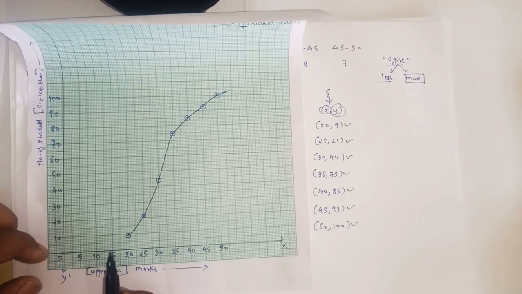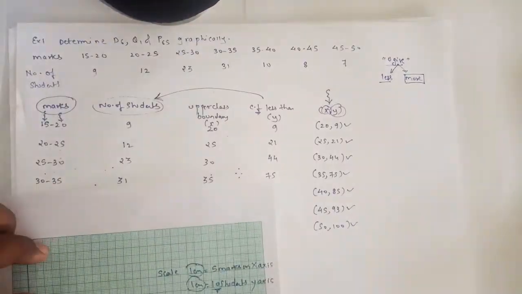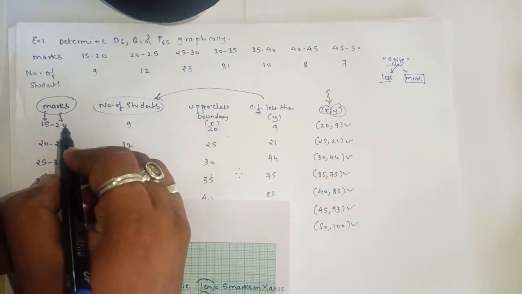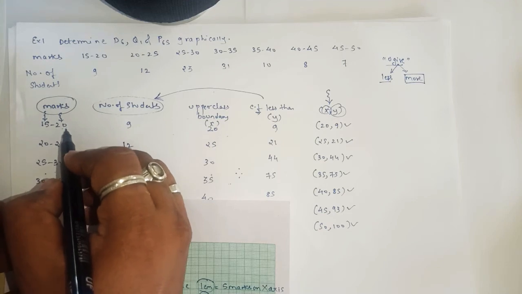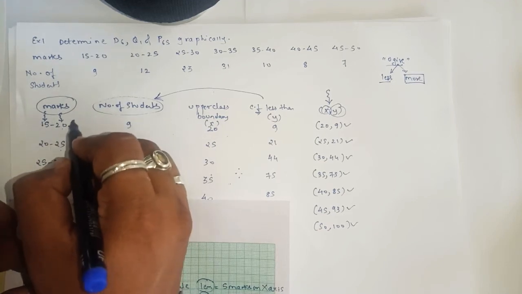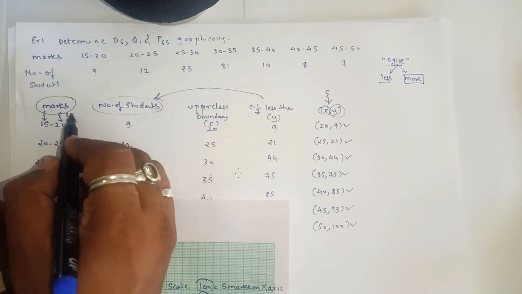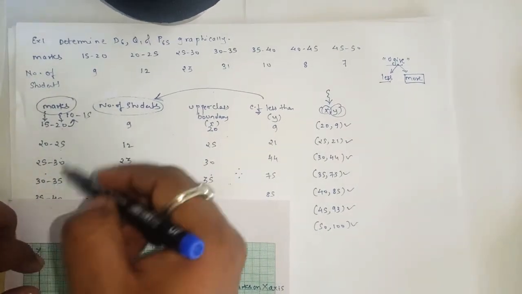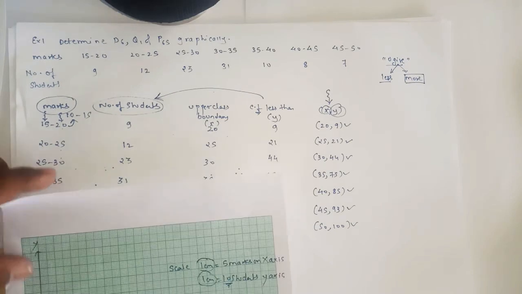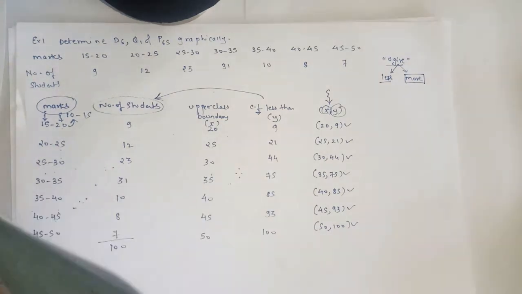So where do we have to take it to: 15, 10, 5 or 0? It is very simple. Suppose you add one more extra class from above. What will your class be? It will be 10 to 15, yes or no? As we can clearly see, the classes are continuous. Yes or no?